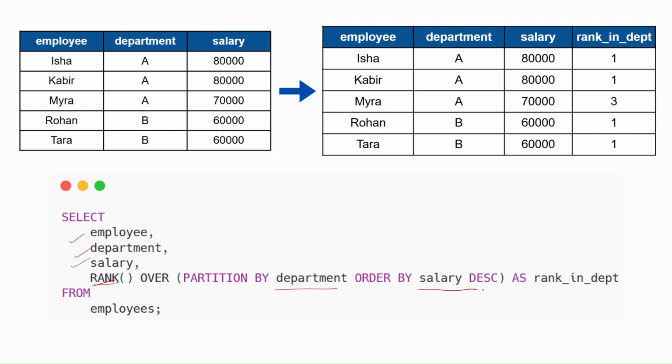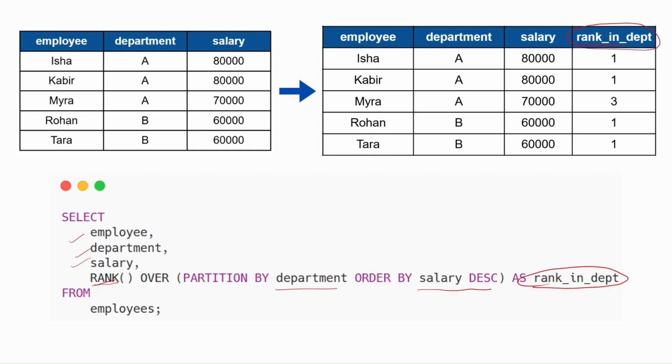And here we are doing order by on the salary in descending order, since we want to make sure that the employee having the highest salary gets rank 1. Okay, so we have now given the alias as rank in department. So the new column that has been formed over here has the column name rank in department.